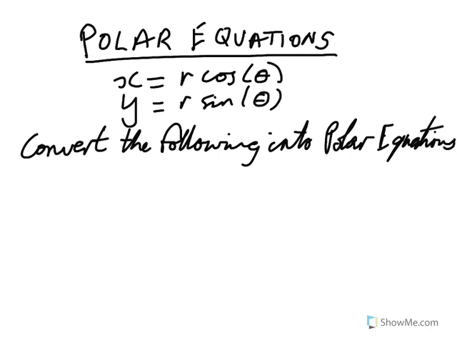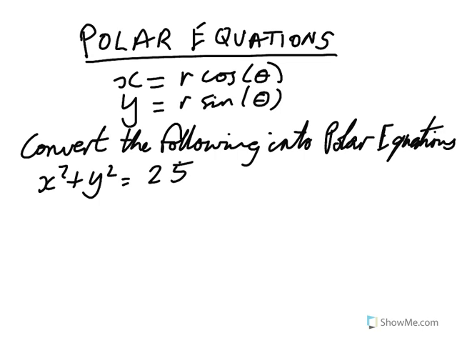So we might start with something like this, for example. Let's say x squared plus y squared equals 25. So that would be a circle, of course. So look at the polar form of that.